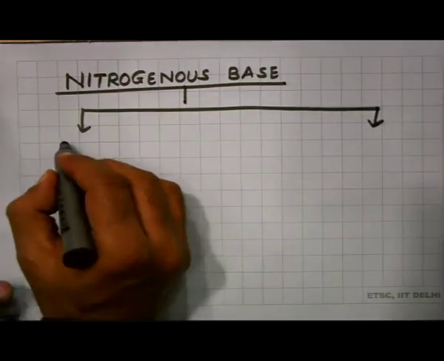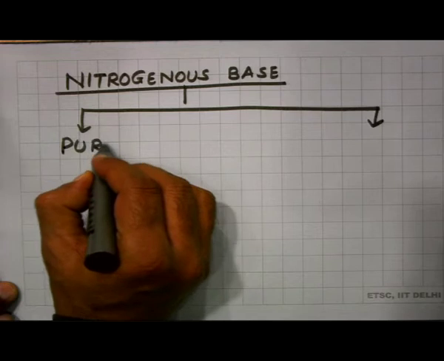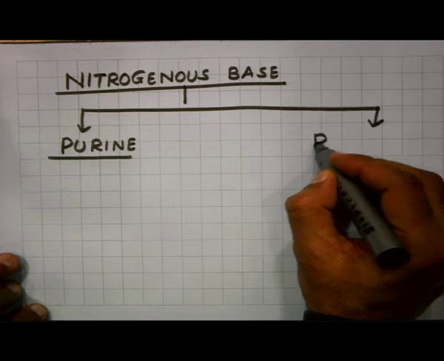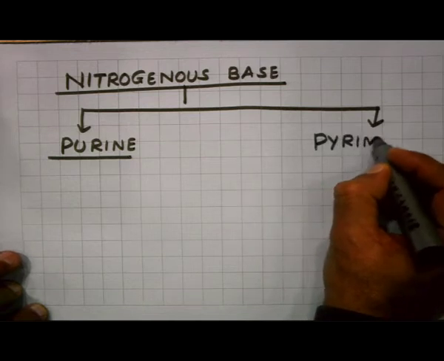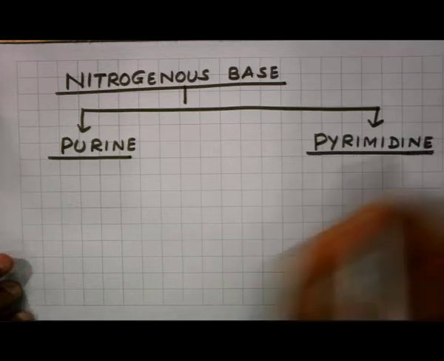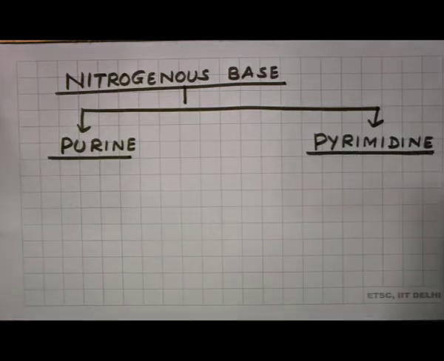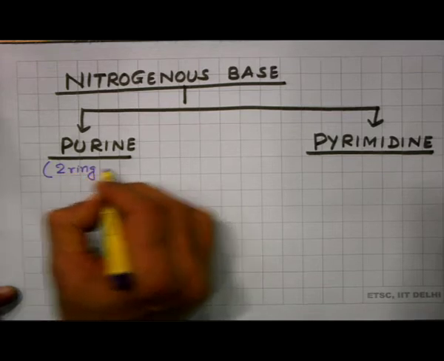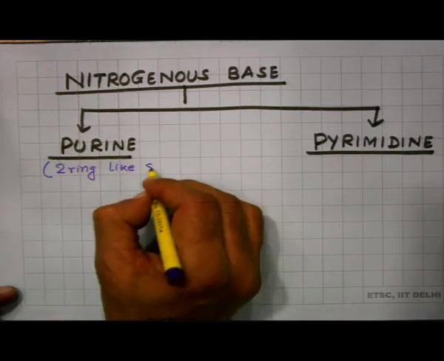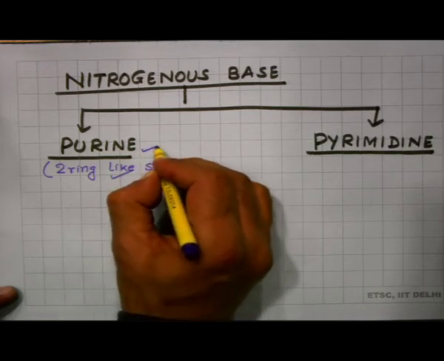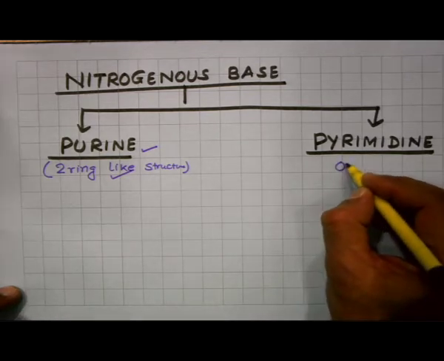One is called purine, another is called pyrimidine. Purine we can easily understand: it is a two-ring structure. So, purines are made by two rings and pyrimidine by one ring.